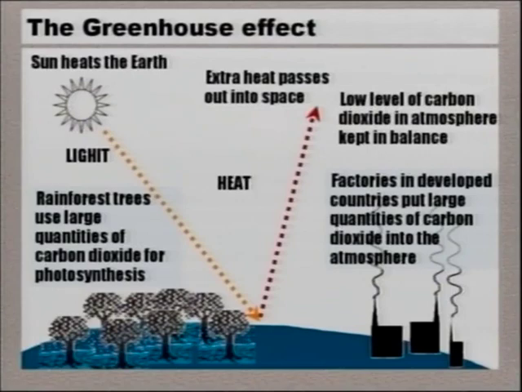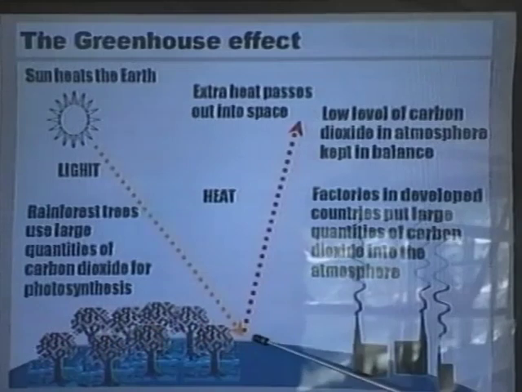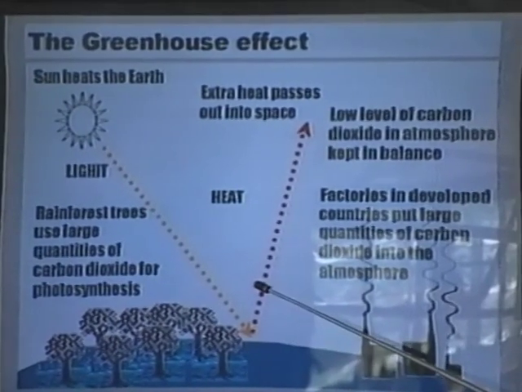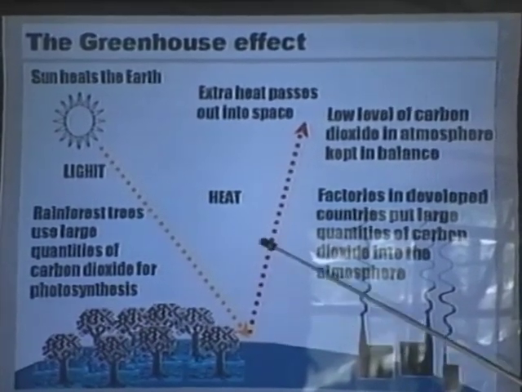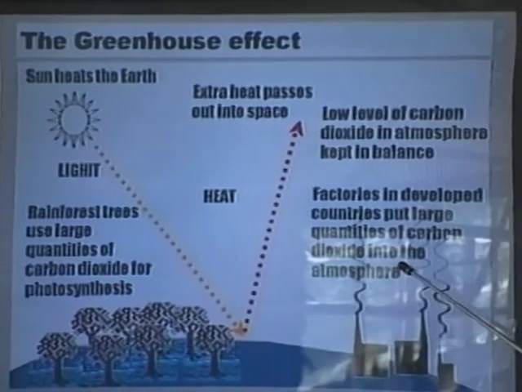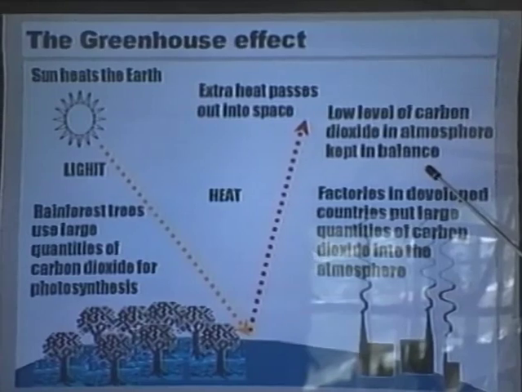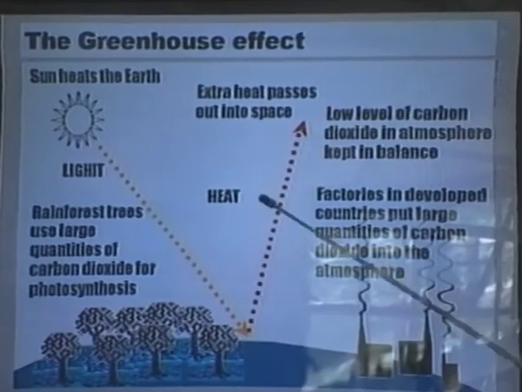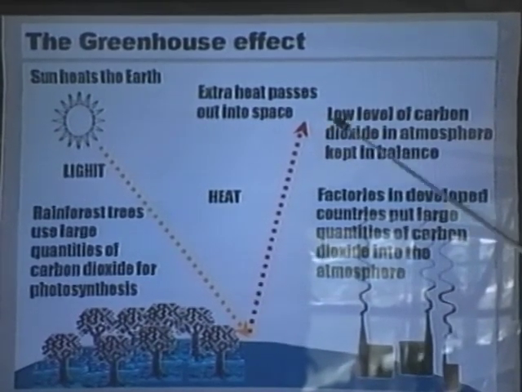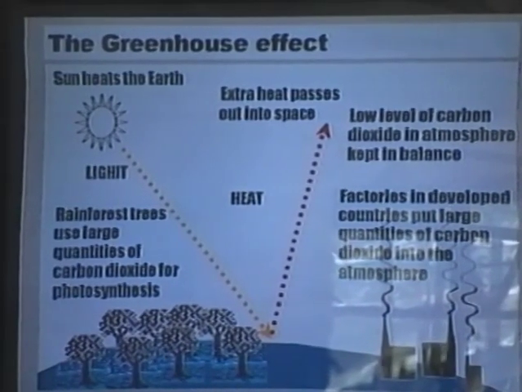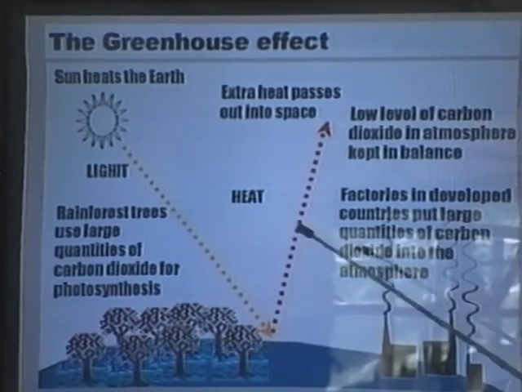Sunlight comes through, hits the surface as insolation, and then from insolation we have the process of radiation, conduction, and convection to heat up the atmosphere around us. Because of the low level of carbon dioxide in the atmosphere, what happens is that extra heat does get to pass back into outer space, resulting then in a balance of heat within the atmosphere.